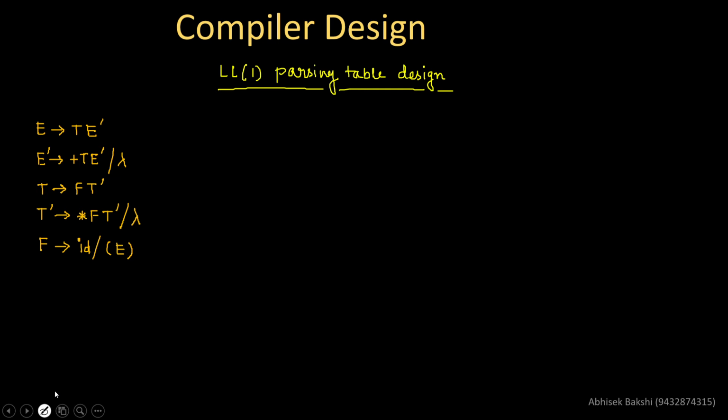Now before designing the parsing table, the first thing that we have to do is find out first and follow of each and every variable that will be required. Where it will be required, you will understand when we design the table. So the first thing that we will do now is find the first and follow.